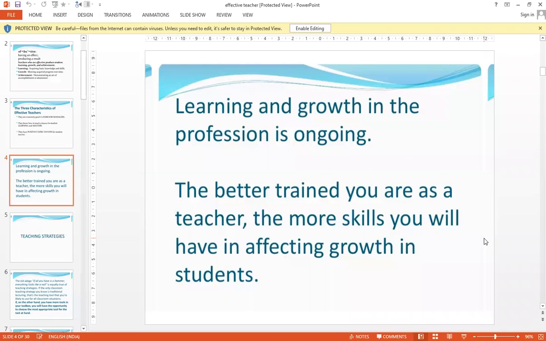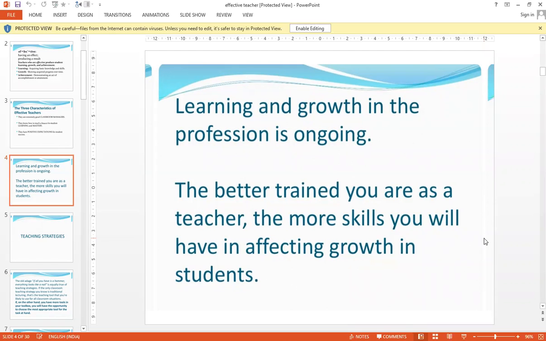The more knowledge you possess, the more it will affect the students and help you better elaborate to the students. So the better trained you are as a teacher, the more skills you will have in affecting growth in students.